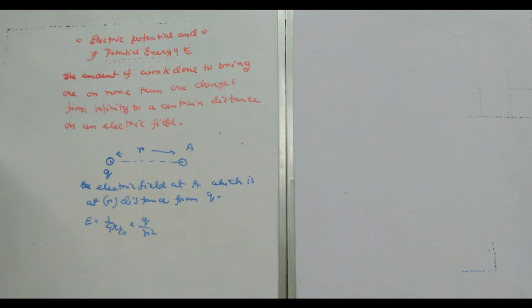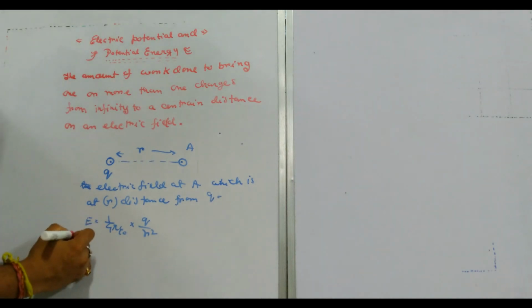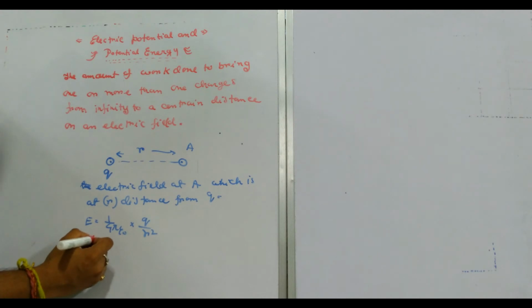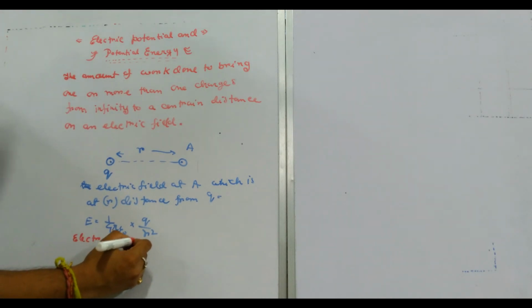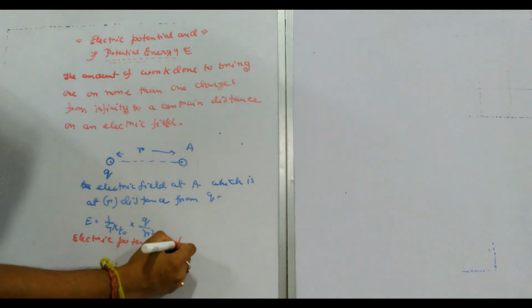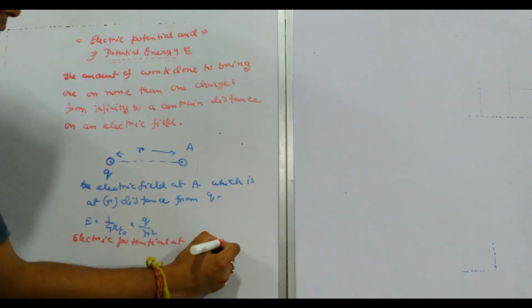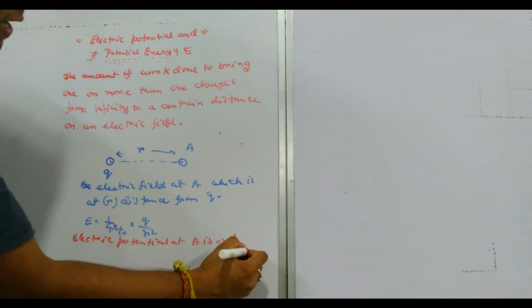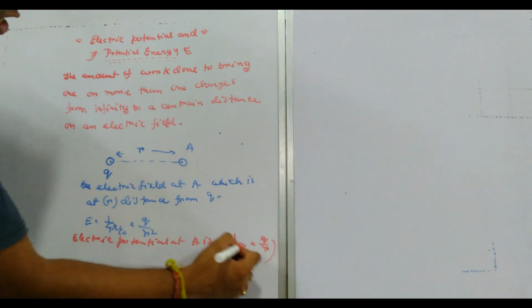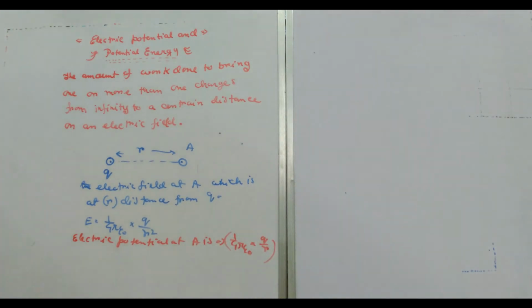We also know that the potential at A is 1 by 4 pi epsilon naught into Q by R due to the presence of Q charge.